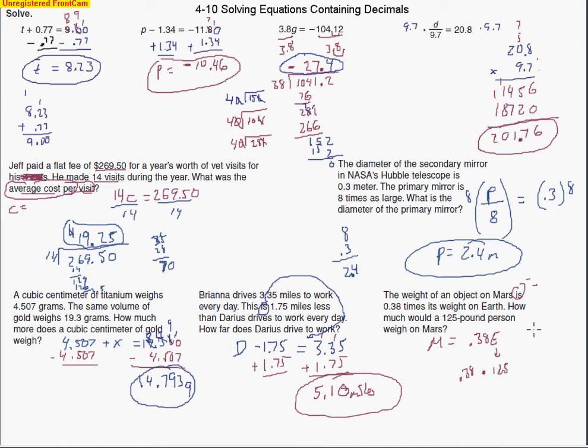So when I do that multiplication, I'm going to put the 125 and the 0.38. Notice you don't need to line up decimals when you multiply, just move the decimal over afterwards. So we do the multiplication, we get 40. 16 and 4 make 20, carry a 2. That makes 8 and 2 make 10. And then we have to add that 0 as a placeholder and do some more multiplication.